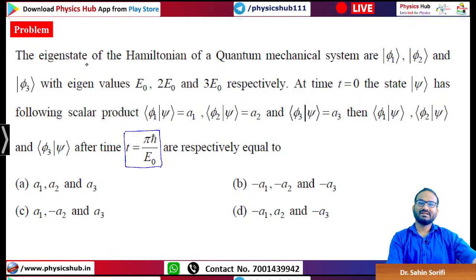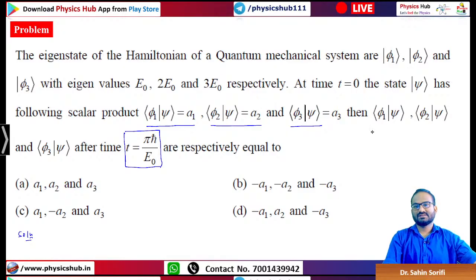So you can see the eigenstates of the Hamiltonian of a quantum mechanical system are phi 1, phi 2, phi 3 with these eigenvalues. So we can write, look, the state psi has the following scalar product: phi 1 psi is equal to a1, phi 2 psi is equal to a2, phi 3 psi is equal to a3.